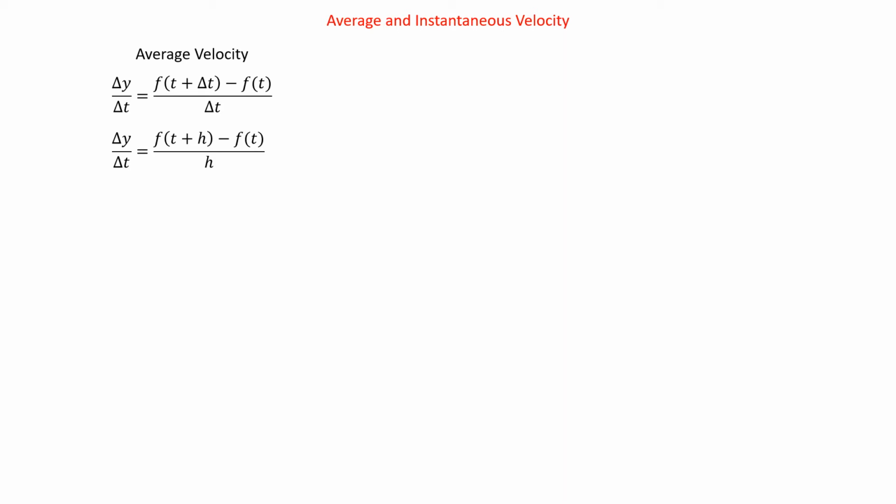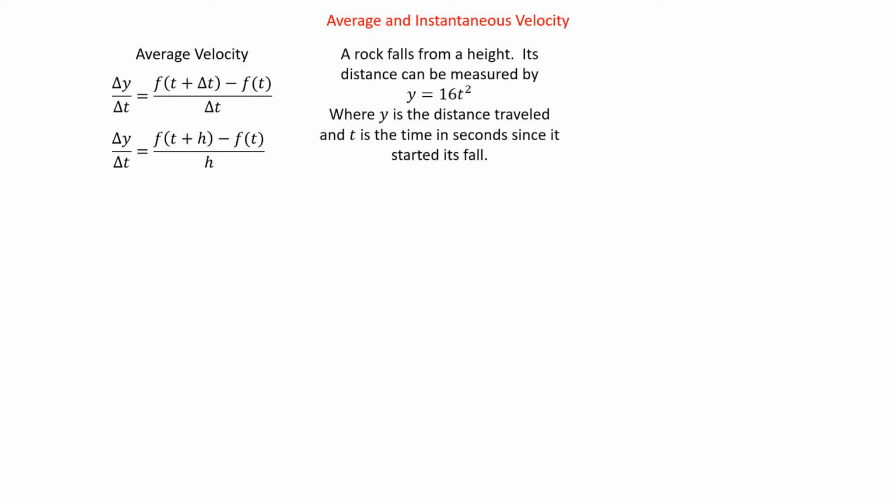And so, if we wanted to find an average velocity, we'd want something to find it of. So let's say a rock falls from a height. Its distance can be measured by y equals 16t squared. It's projectile motion just dropping down, where y is the distance traveled and t is the time in seconds since it started to fall.